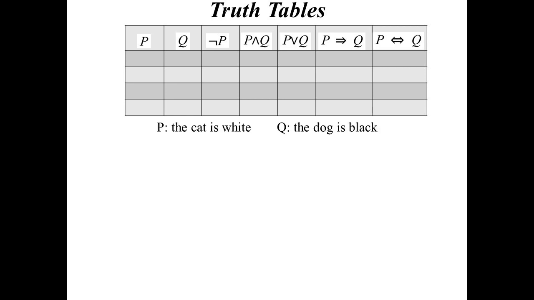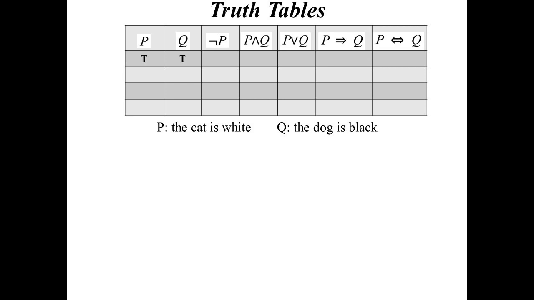Here are my two statements to use as an example so you can see how this table works. P is simply going to be a statement, the cat is white. Q is the statement, the dog is black. These are two statements.